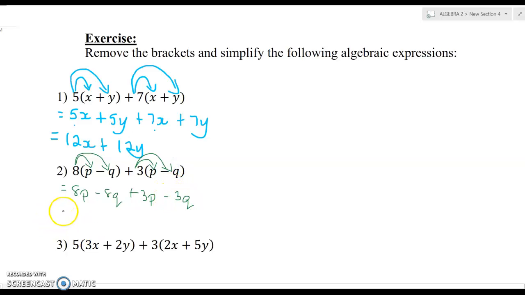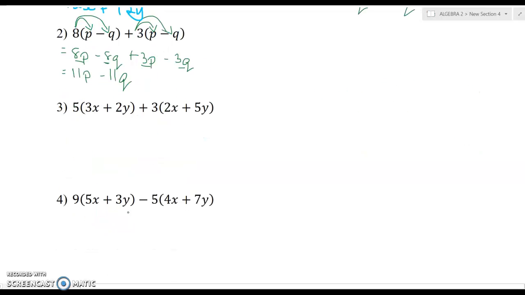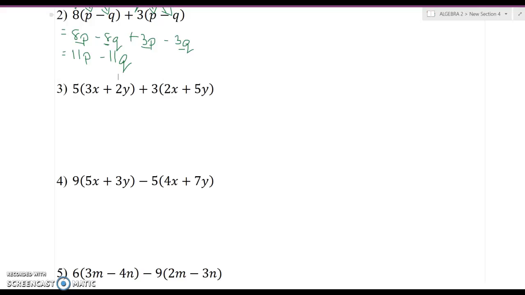Then we simplify our like terms. 8p plus 3p is 11p. Then we have minus 8q minus 3q, just like the question before, and that will be minus 11q. Pretty okay so far.